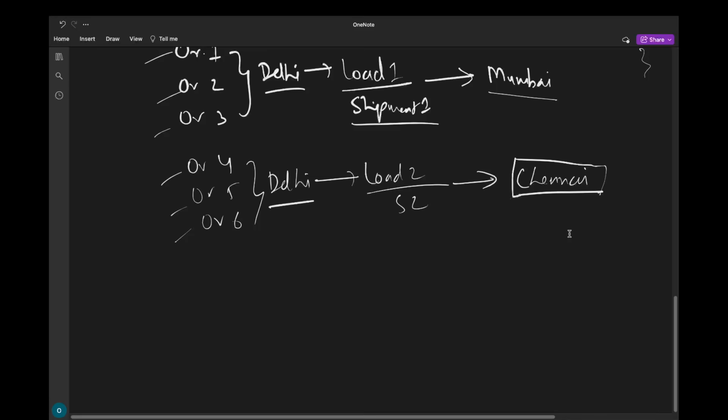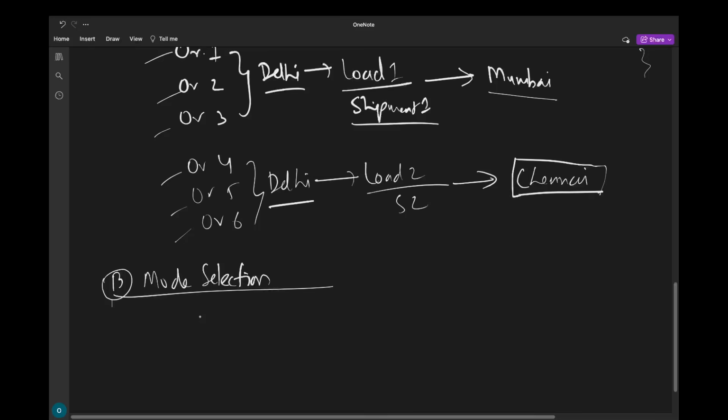Now the second thing is mode selection. So first thing, order consolidation in the planning. Second thing in the planning is the mode selection. Should this go by truck, train, ship, or air? What are the variables which decide the mode? First is speed.